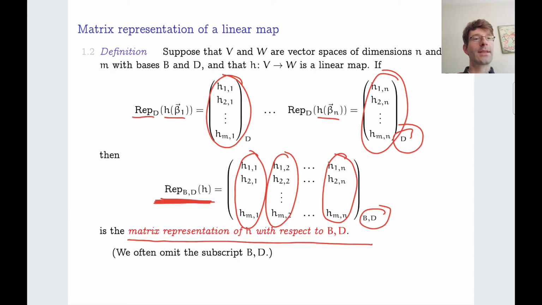Okay, so again, this only characterizes the map. It doesn't speak about any specific input yet.